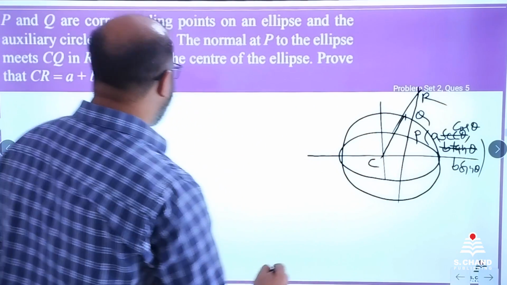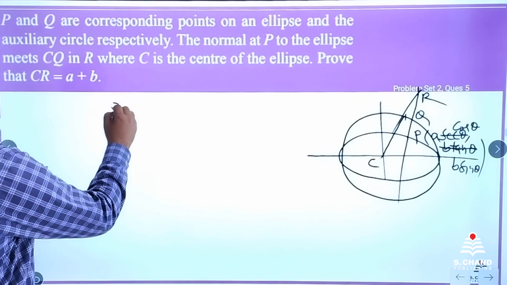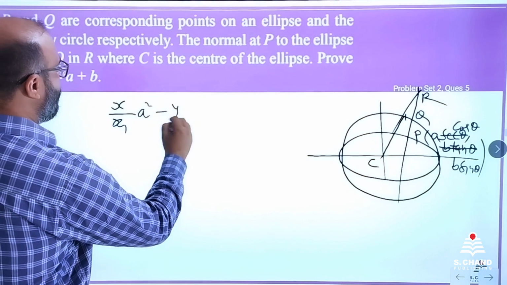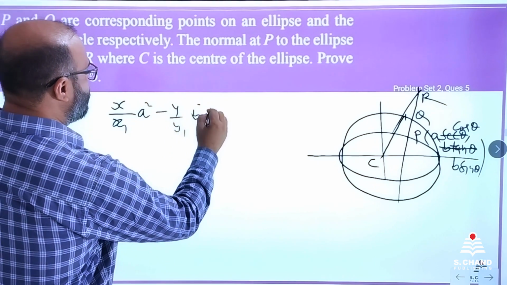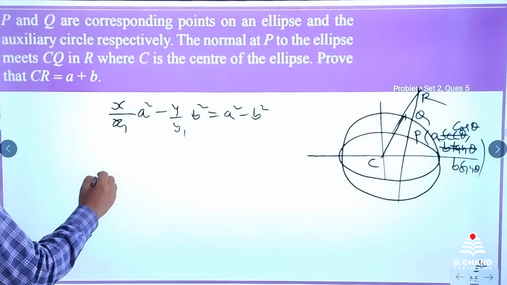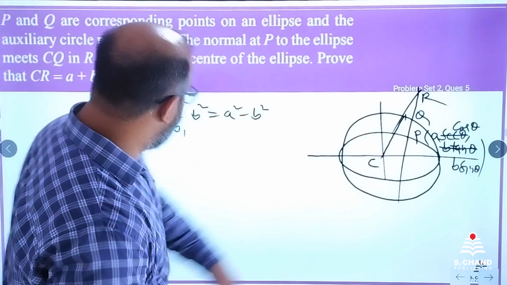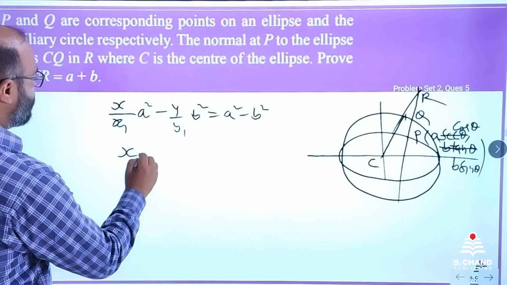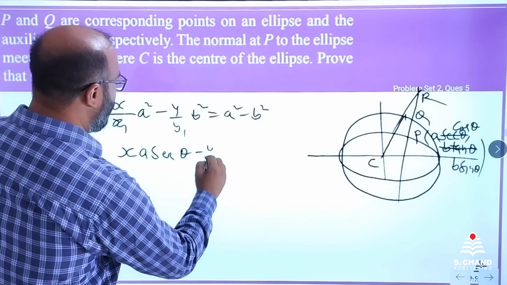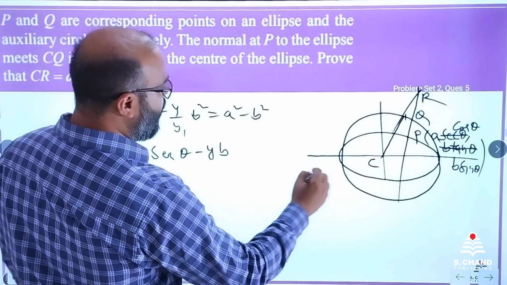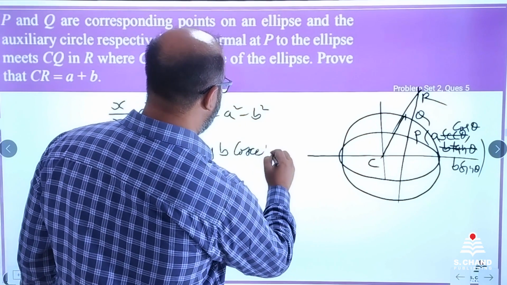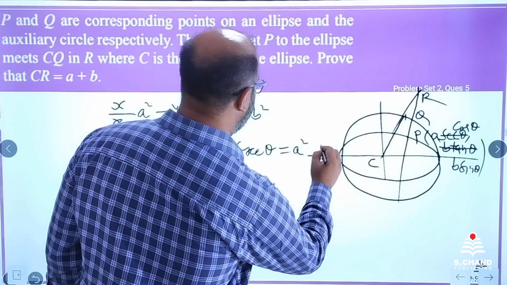So the equation of the normal is x by x1 into A square minus y by y1 into B square is equal to A square minus B square. This you have to remember, the equation of the normal to an ellipse. So if we take x1 as A cos theta, so this will be x by A sec theta minus y by B cosec theta is equal to A square minus B square.